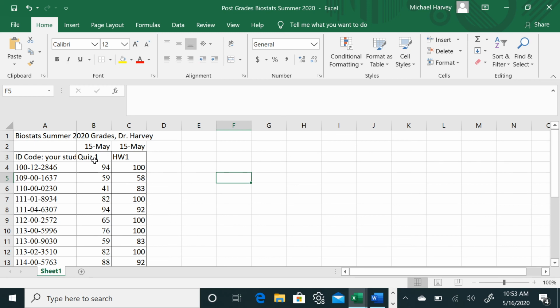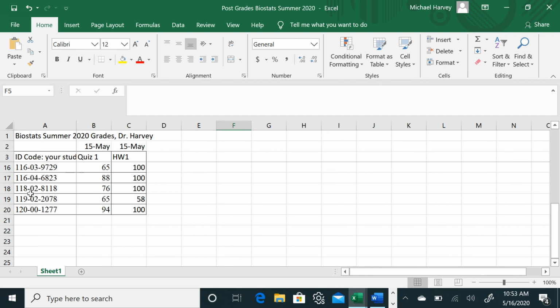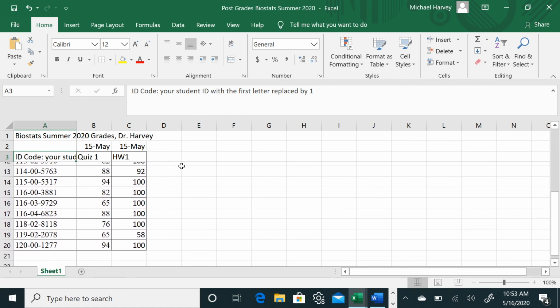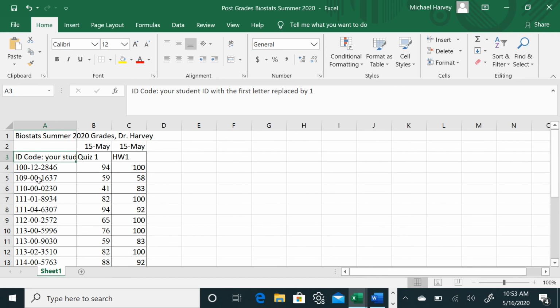You can find yours by looking at these codes over here on the left. If you click on this, you're going to see the ID codes. It's basically your student ID, but the first letter has been replaced with a 1, to make sure that this is totally anonymous. My first name is Michael, so I would have had an M here, but it would be replaced by a 1.